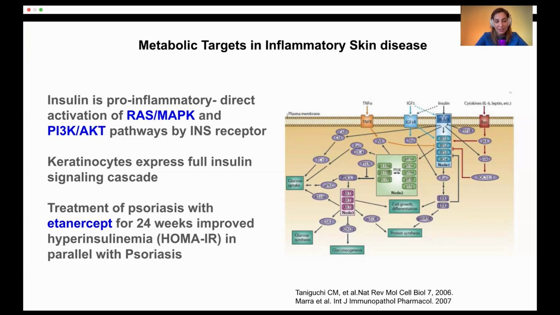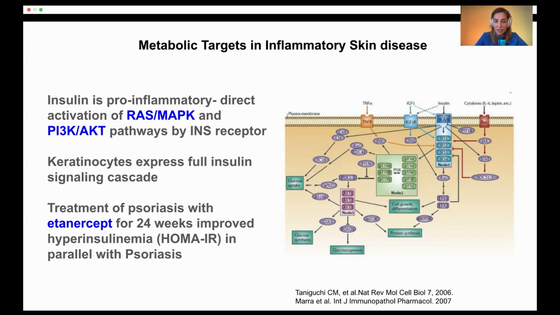And then we know all of our skin cells, keratinocytes, express full insulin signaling cascades. We've had a series of treatments of psoriasis with etanercept, or Enbrel, showing improvement of insulin resistance. So we know these pathways are connected, and we need to understand more and more how they're connected. It's almost like the brake and the gas, right?